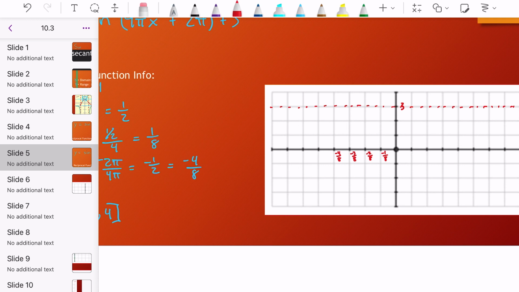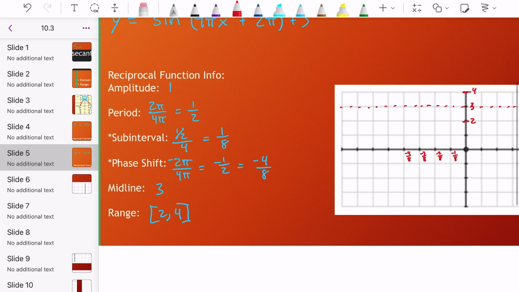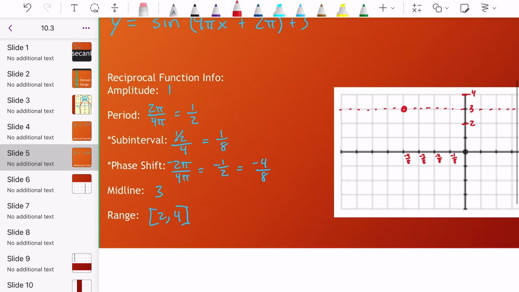We're going to draw out our maximum and our minimum. We're going to place our first dot on our phase shift. From here, since we are working with a positive equation, we would actually head up, back to the midline, minimum, and then back to the midline.